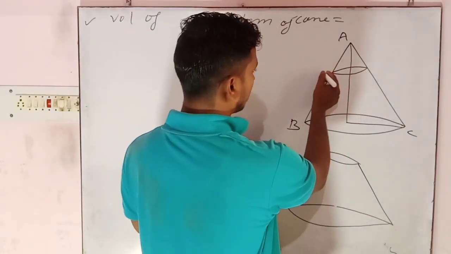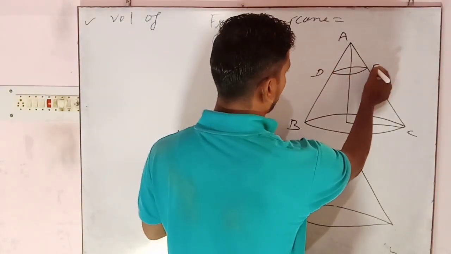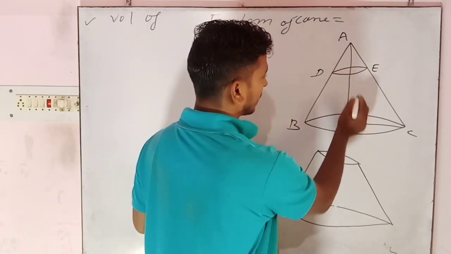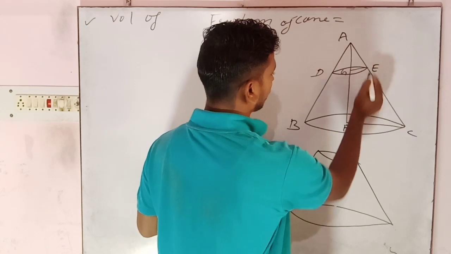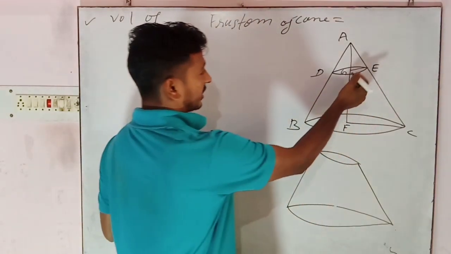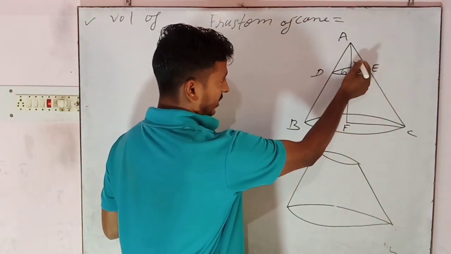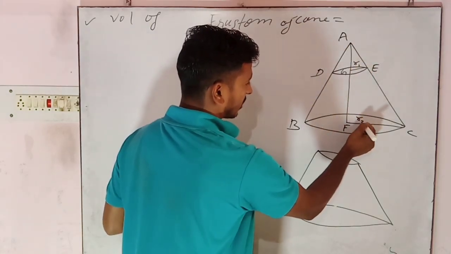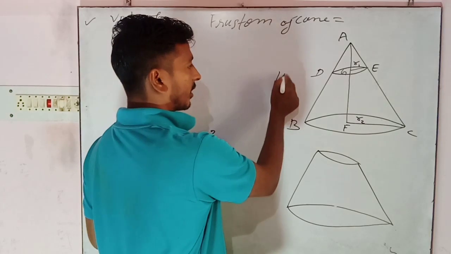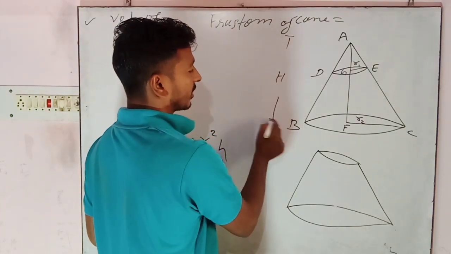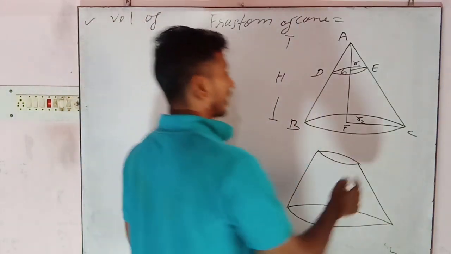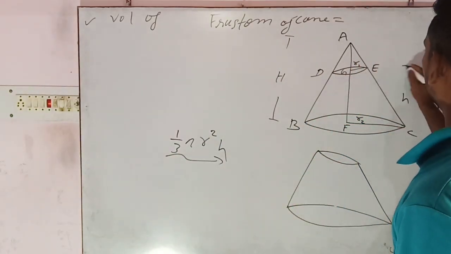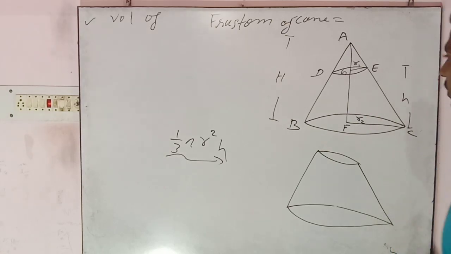So very first we denote all the vertices as A, B, C, D, E, this is F, this is G. Now we let GE be the radius of the small cone R1 and the radius of the big cone R2. Height of the big cone as capital H, and the height of this frustum by small h.